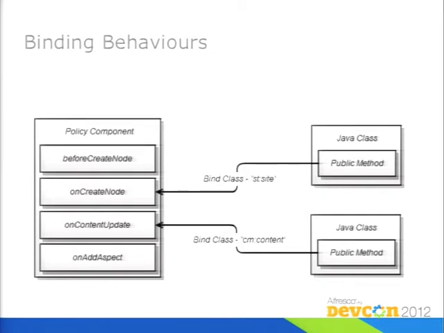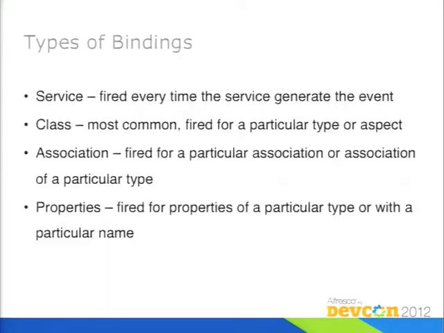But essentially, your service says I'm going to fire these events, and the extension that you're writing basically binds to those events, implements a policy interface, and will receive those events. We're not just limited to implementing behaviours in Java, we can also do it in JavaScript. But again, we'll show you that in a minute.